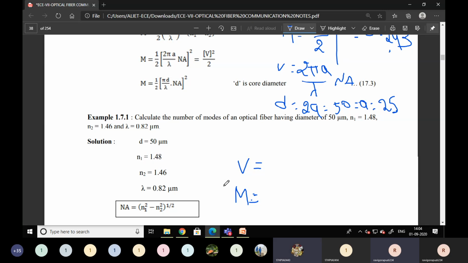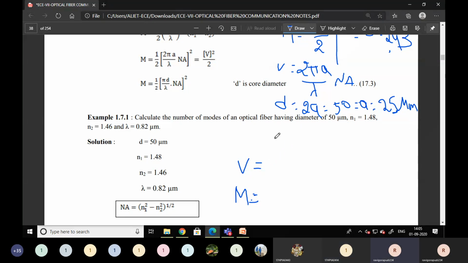Make it fast. Sir, is A pi r square, sir? Why are you finding A? From the diameter you are getting A as 25 micrometer. Already this is over.